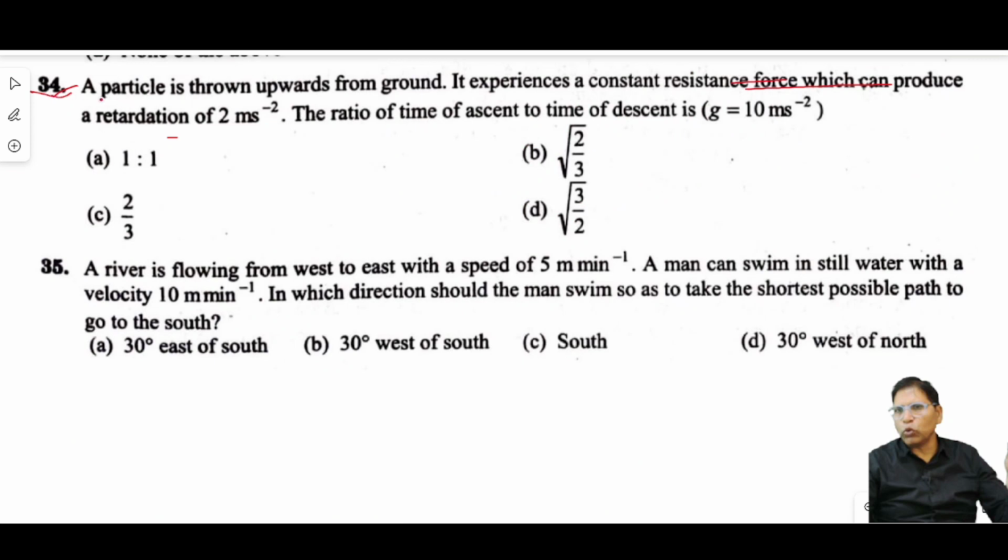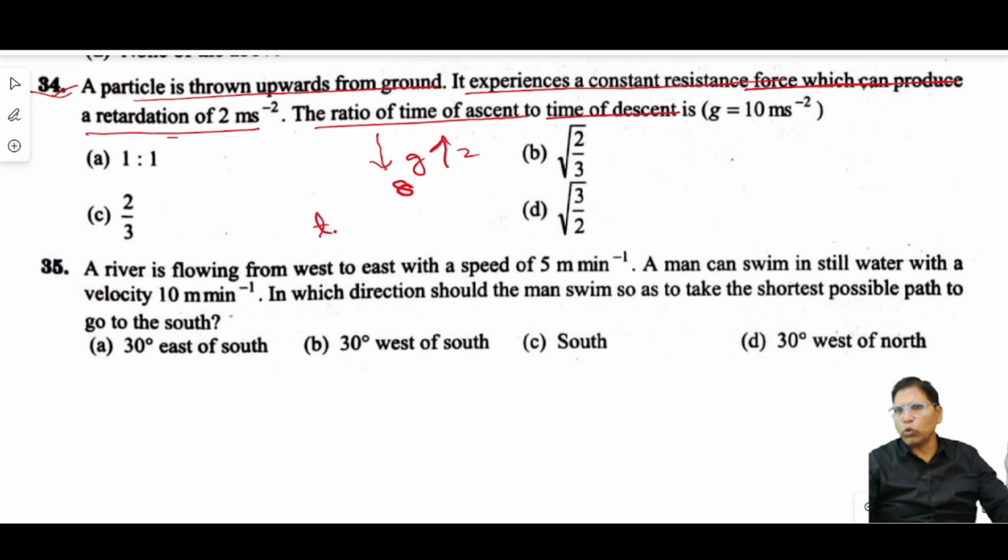Question number 34. A particle is thrown upward from the ground. It experiences a constant resistance force which produces a retardation of 2 meter per second square. Find the ratio of time of ascent and time of descent. First of all, we have to calculate time of descent. During descent, g is downward and a is upward, so net acceleration is 8 meter per second square.